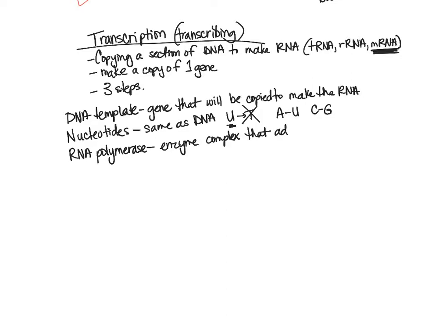RNA polymerase is similar to DNA polymerase, but in this case, RNA polymerase is an enzyme complex that makes RNA. It adds nucleotides to the RNA strand instead of the copying DNA strand. And then lastly, just like we saw in replication, we need ATP because it takes energy to form the bond between the nucleotides.